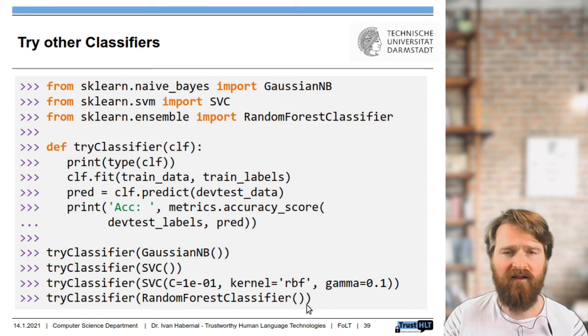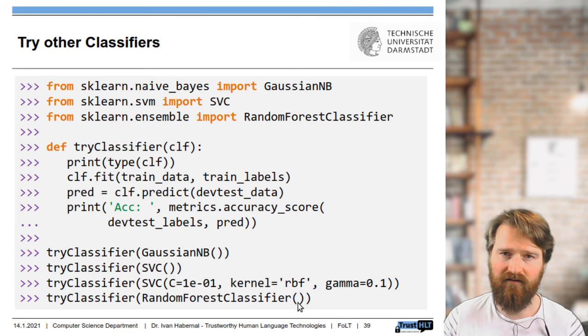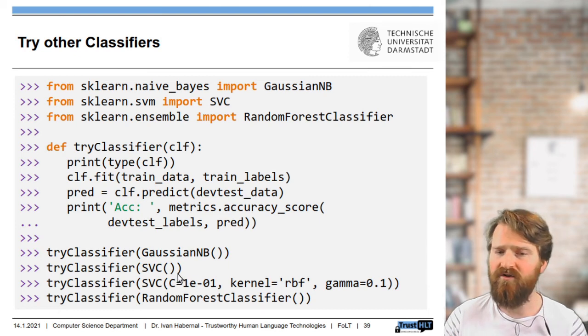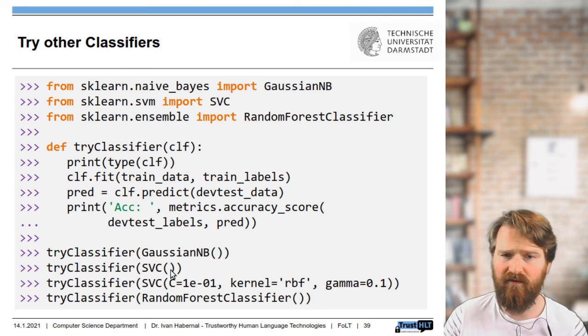Random forest is an extension of decision trees, and random forest classifiers are still being used in some cases nowadays for some tasks. What we also see here is that most of the classifiers have hyperparameters which are set by default to some values, but you might want to change these values.